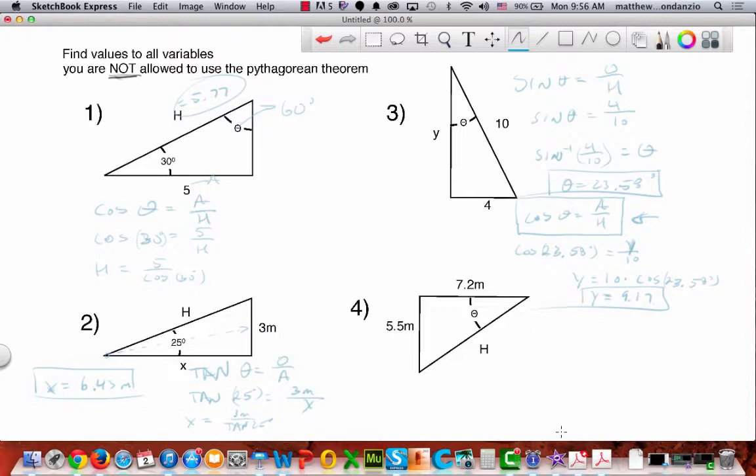So which trigonometric function involves the angle, the opposite, and the adjacent? Tangent. This is a step by step you've got to take. So the tangent of theta equals what? Opposite over adjacent. Those people answering will get full credit.